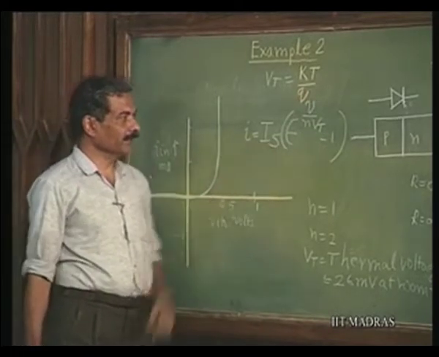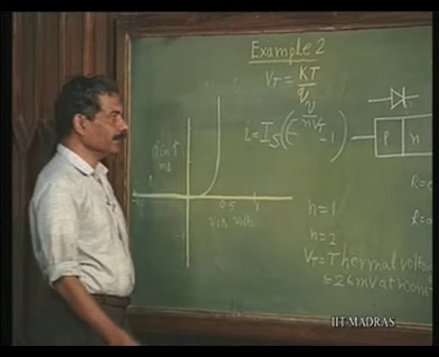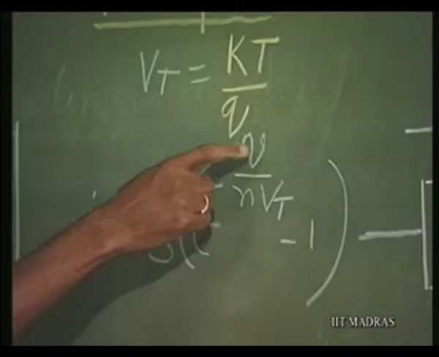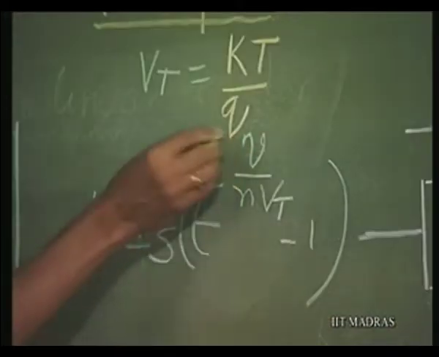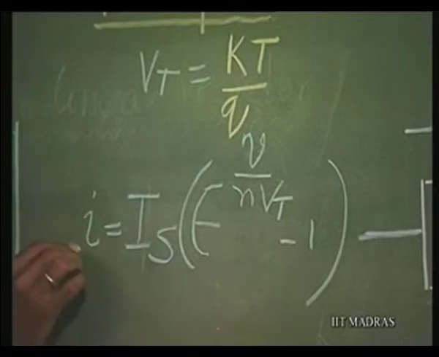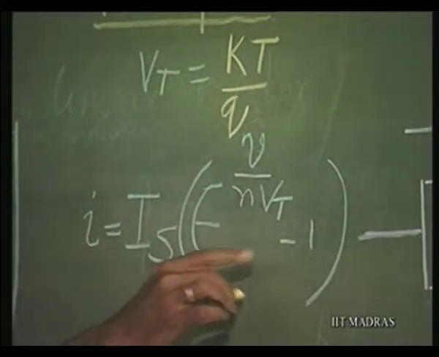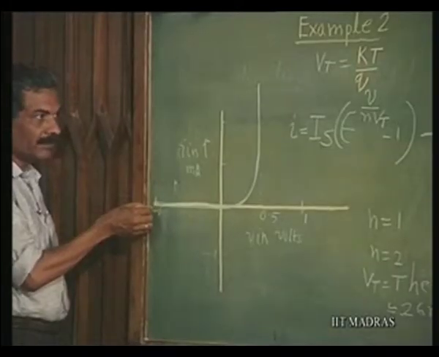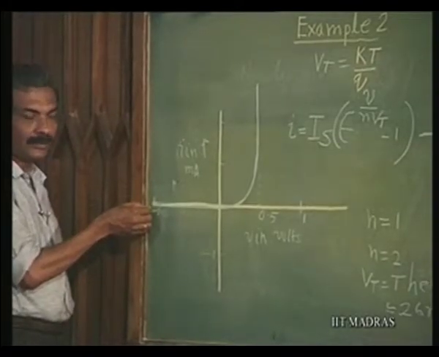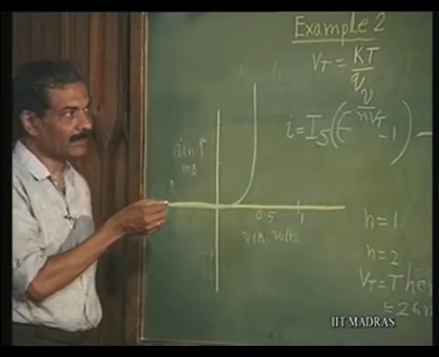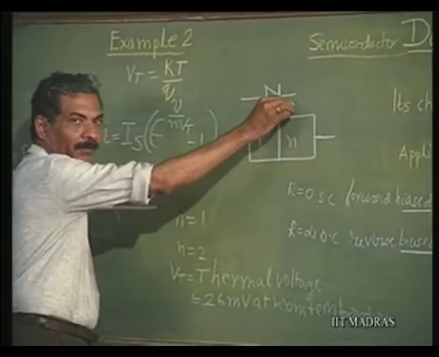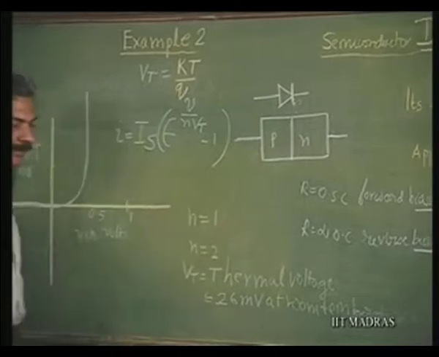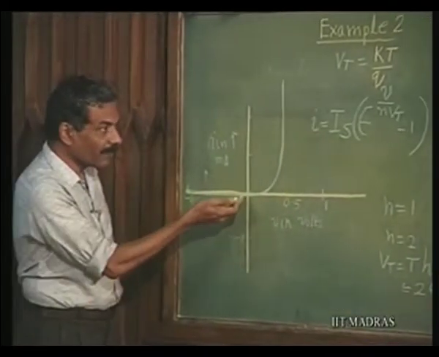What is Is? You can see that when V is a large negative value, this quantity goes towards 0 and current I becomes minus Is, which means if I apply a large reverse bias voltage to the diode, what is reverse bias? The N side is made positive and the P side is made negative. In such a situation, I am applying reverse bias voltage.